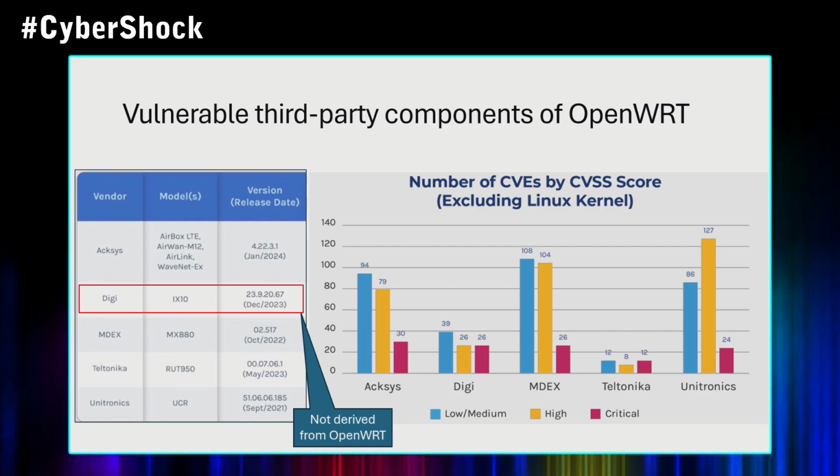As you can see, in all of them, except maybe Tonica, it was quite a lot. But as we all know, it takes just one vulnerability to pwn a device. So this all represents risk and basically reinforces the point I made about the closed clones of OpenWRT.